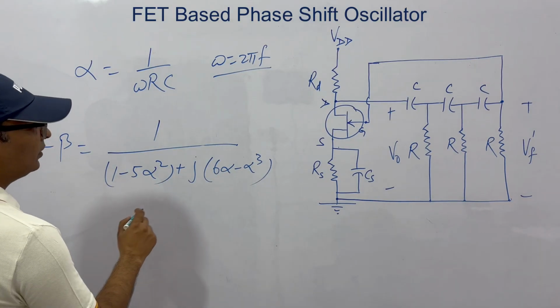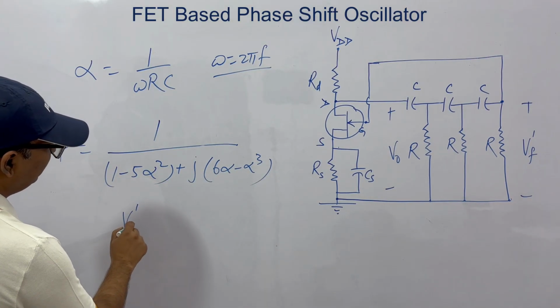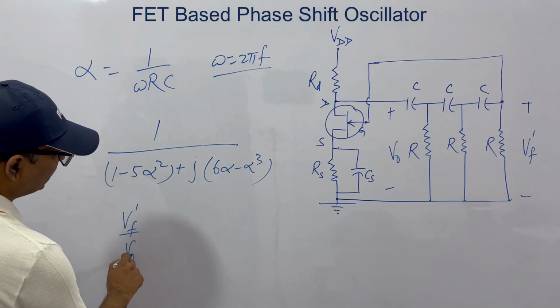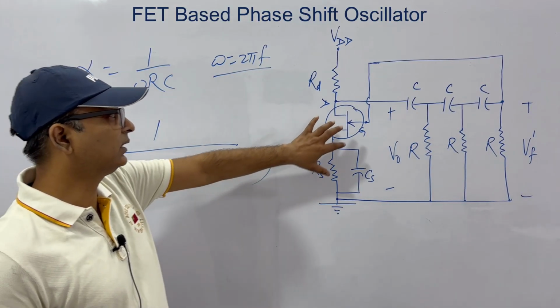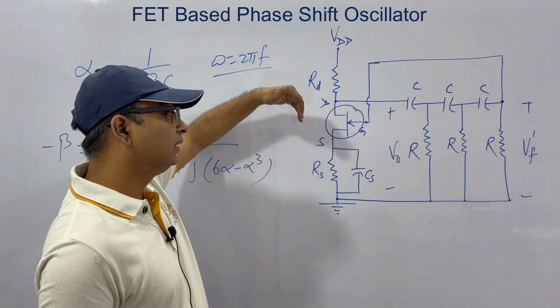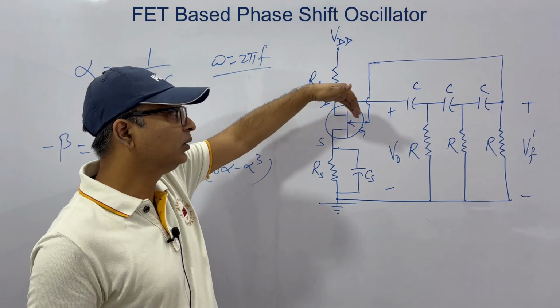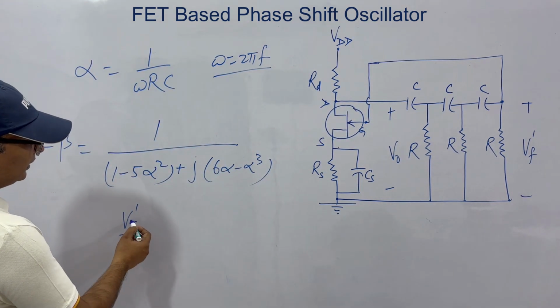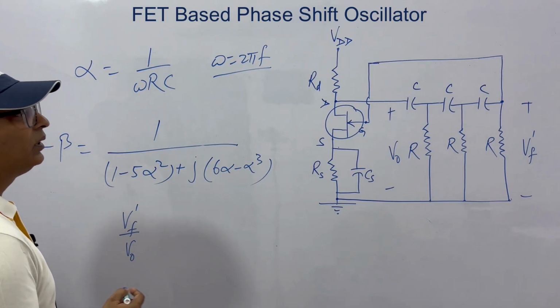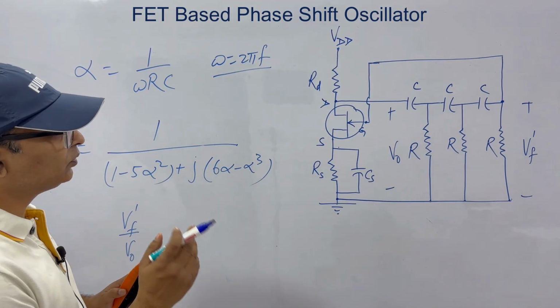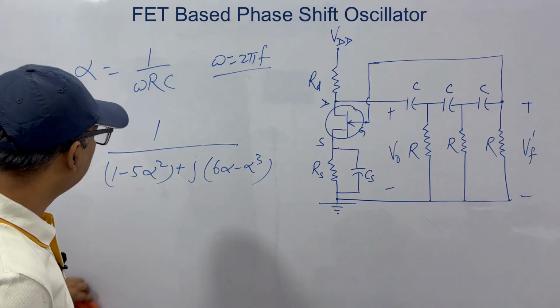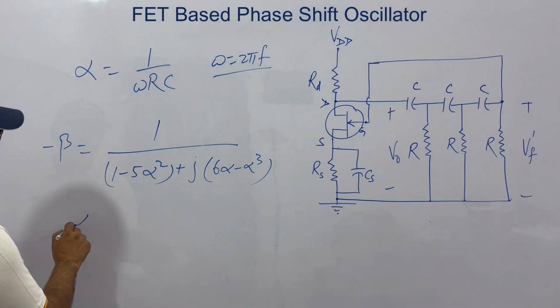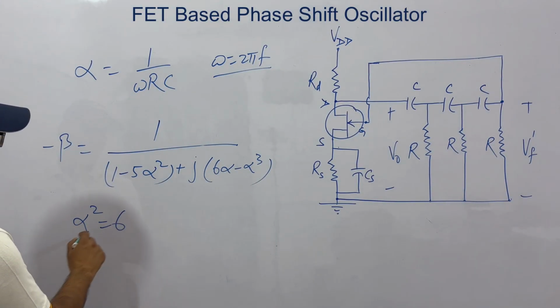Now we have V'F by V output. Because this amplifier circuit is giving a phase shift of 180 degrees, to counter that 180 degrees, what we want is that this should give another shift of 180 degrees. To get that, the value that you require is alpha squared equal to 6.